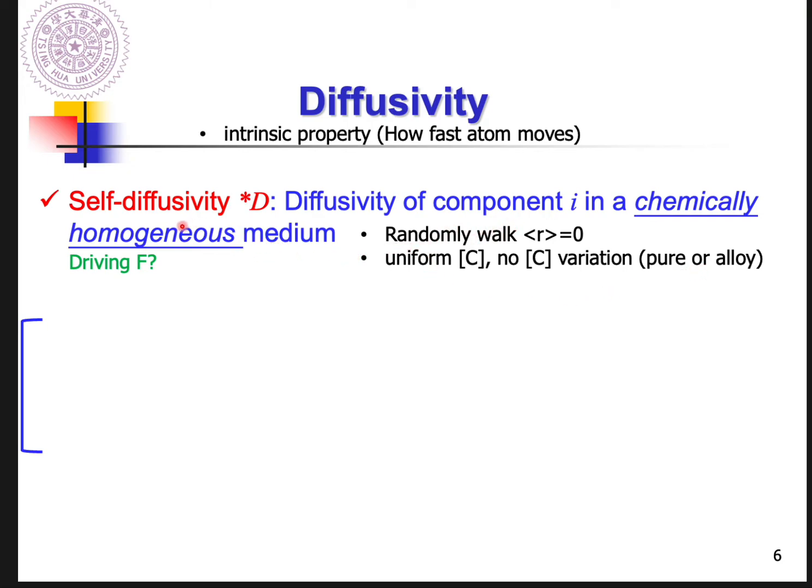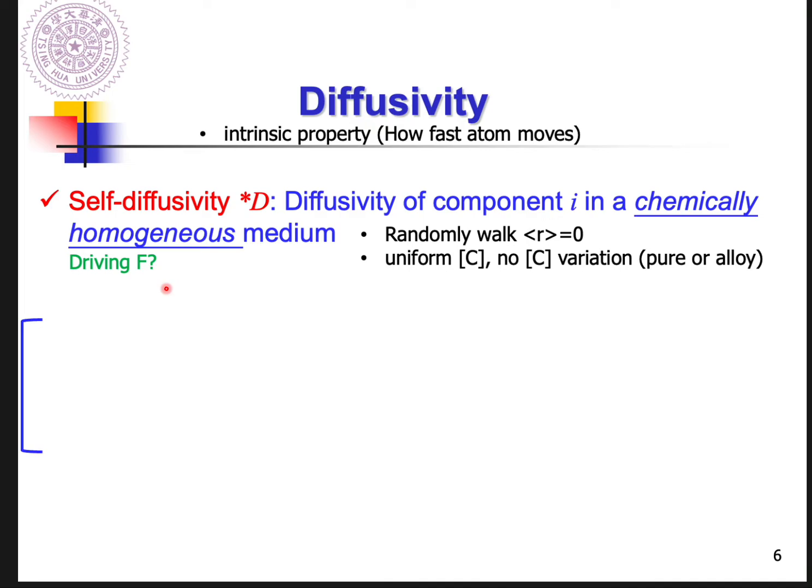You also can use the self-diffusivity D star to describe the diffusivity in this kind of material system. And some people will probably ask, there's no concentration variation along your material, so what's the driving force here?